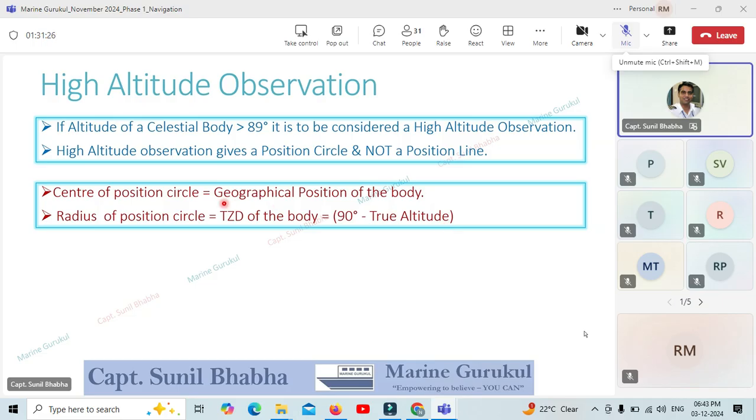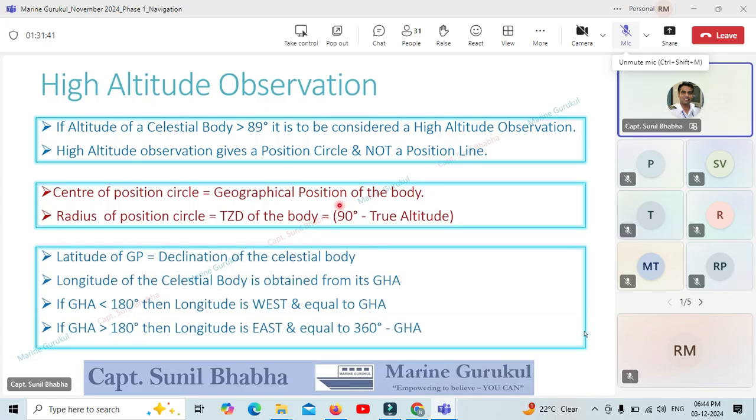Now, the next question which arises is, how do we obtain the geographical position of the body? TZD can be easily obtained from the true altitude. For the geographical position, we need to refer to the almanac and get the declination and GHA of the body.